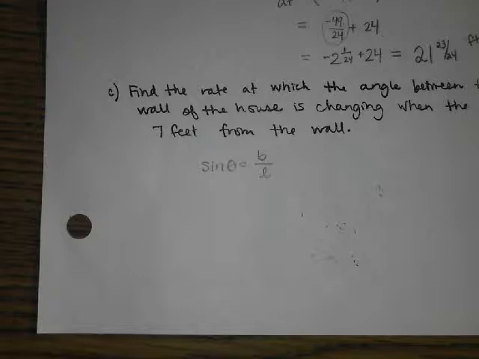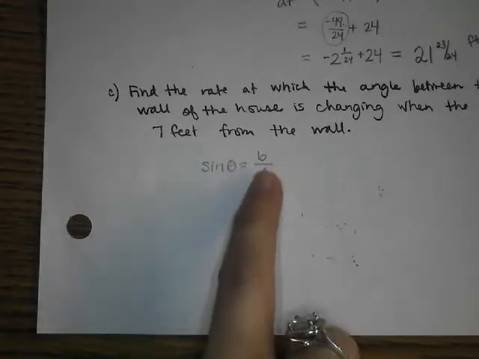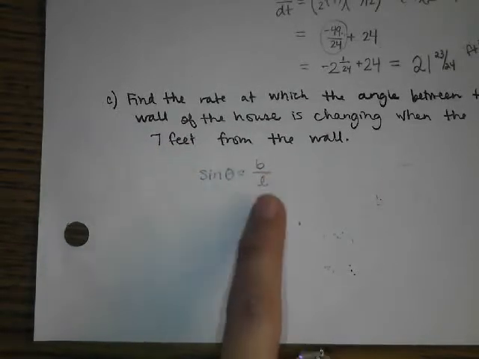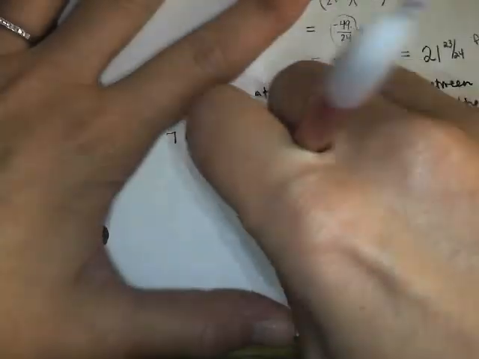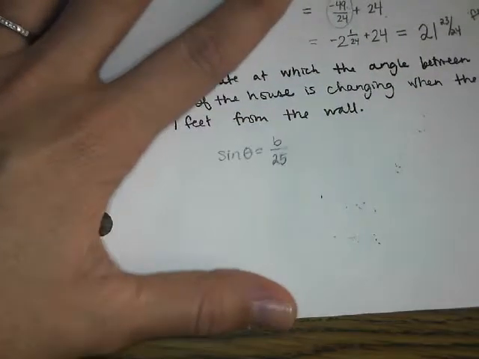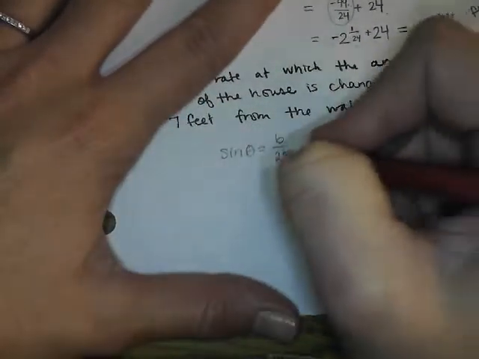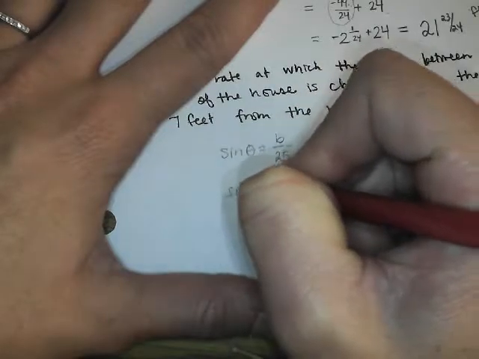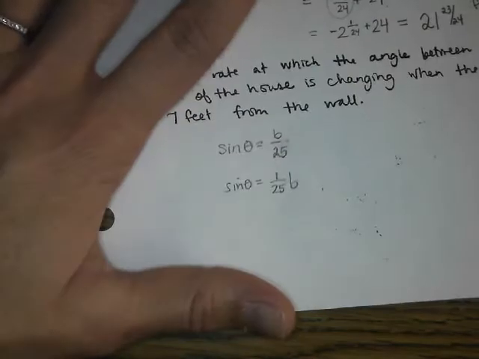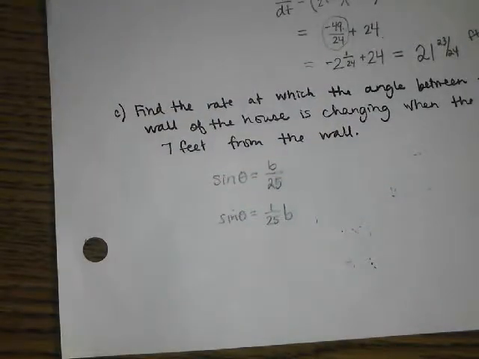Now again, because L is a constant, and that's not changing, like B, at the moment we're dealing with when B equals 7, but B does change. The ladder is always 25, so we don't have to use L. We can just do 25. And actually, we aren't thinking product rule or quotient rule, because there's really no need to. We can think of that as 1/25 B. So now when we derive, what's the derivative of sine theta?